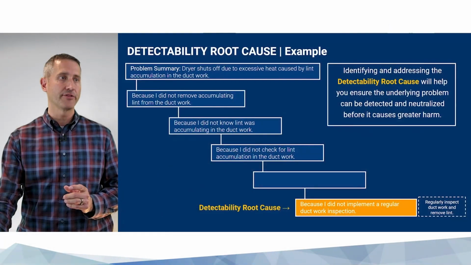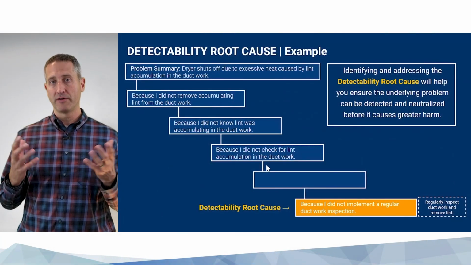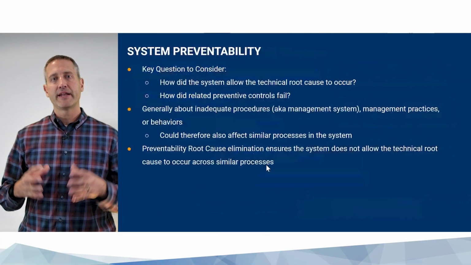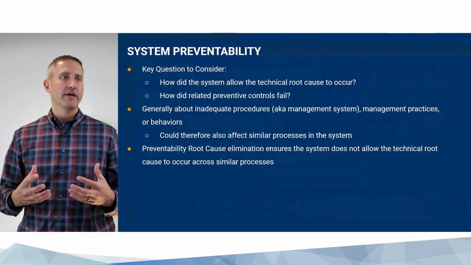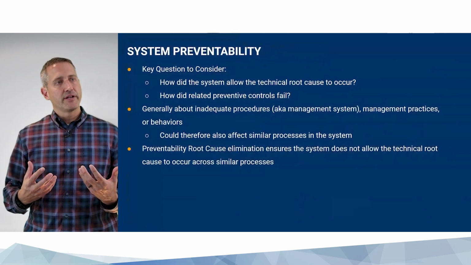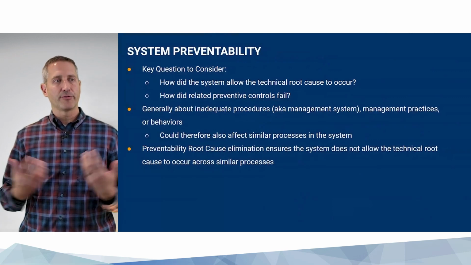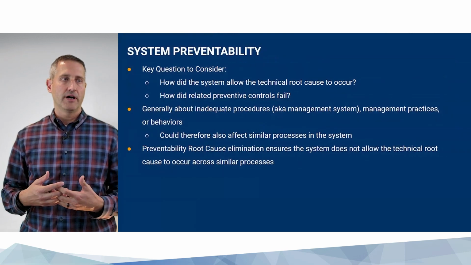And so these are much more powerful solutions because they address the system in a way that makes these issues more preventable, right? Which leads us to the other part of our 3 by 5 why, and that is the system preventability root causing. And here I want to understand, how did the system allow the root cause to occur?